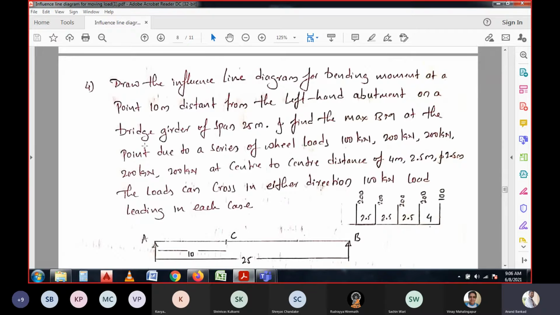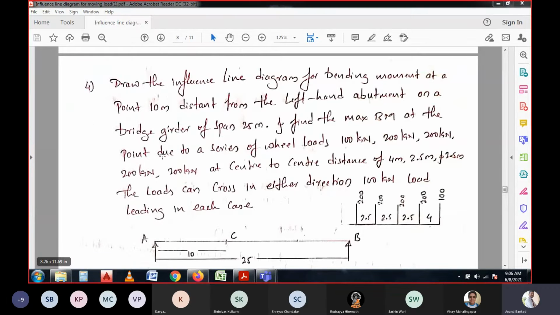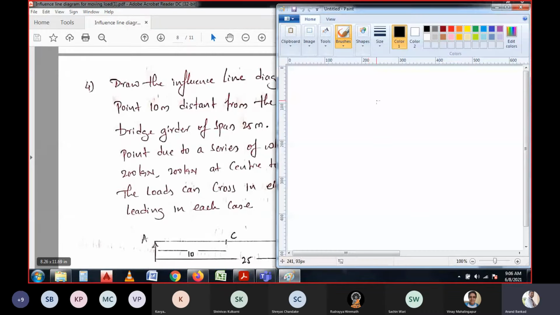So draw the influence line diagram for a bending moment at a point 10 meter distance from the left hand abutment. Abutment, in the sense when the bridge is considered, is a part of the bridge. Say it is a bridge, the end supports are considered to be abutments, and supports in between the end supports are considered to be piers.